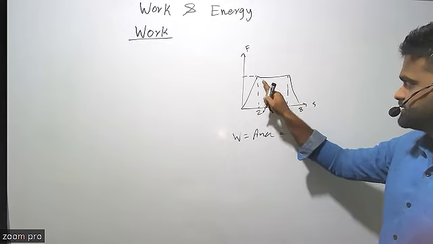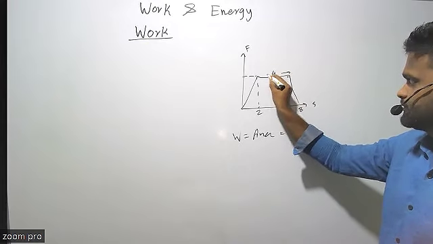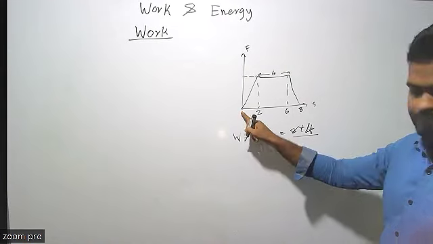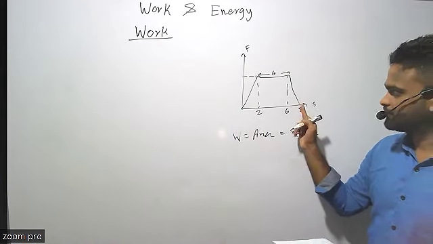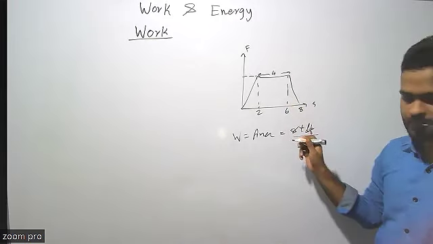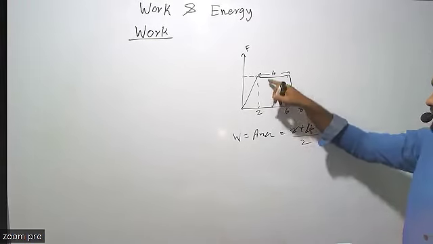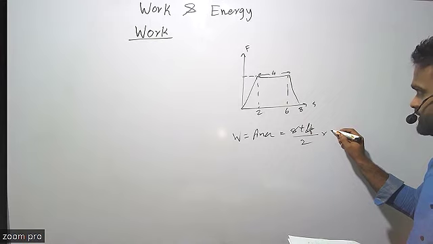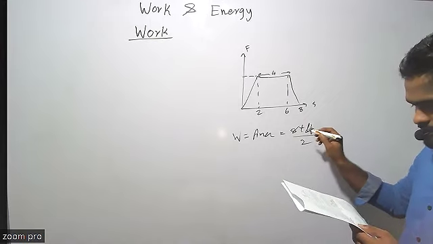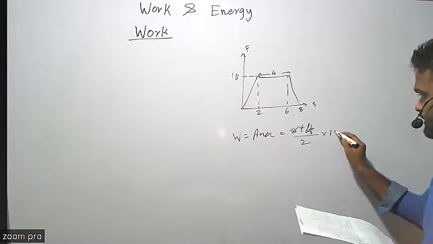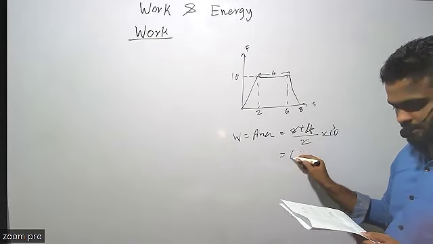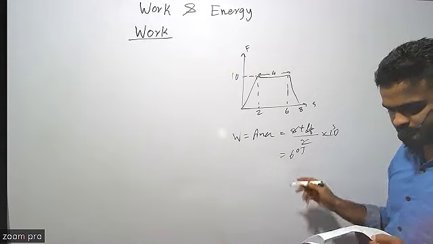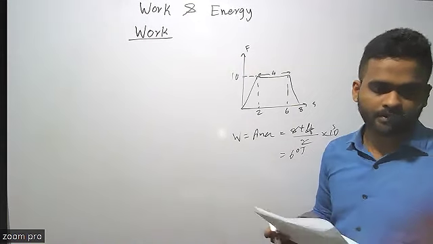The sum of parallel sides, 8 plus 4, divided by 2, multiplied by the distance between those parallel lines. The distance is 10. So 12 times 5, that is 60 joules. Third one, yes, correct.